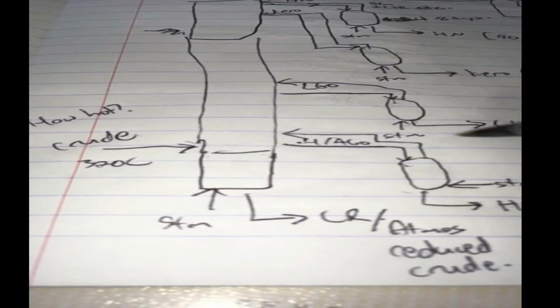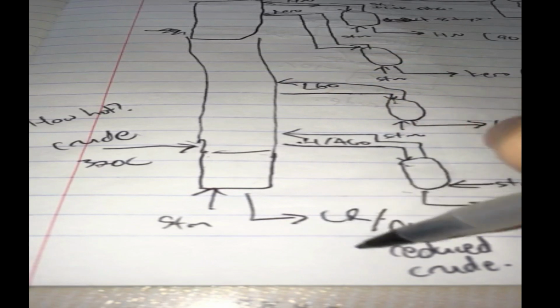Maybe we have 370 degrees C because of that safety barrier. So some of this heavy gas oil, if you want to have this safety barrier, will go into the bottoms of the crude. So let's redraw everything again.